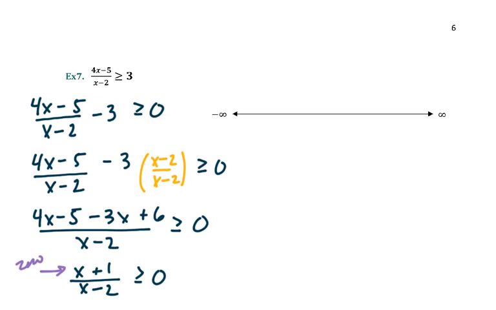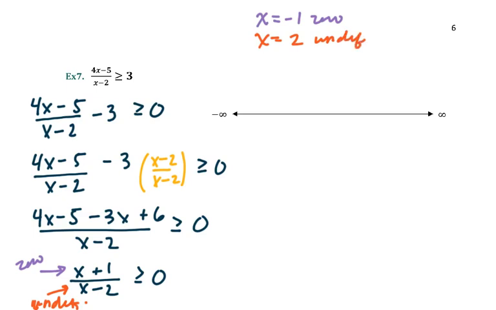So the two values I'm going to use here, I'm going to pull 1 out of the numerator, that is my 0, and then I'm going to pull another value out of the denominator, and that is undefined. Right? So my 0 is at x equals -1, and x equals +2 is undefined.